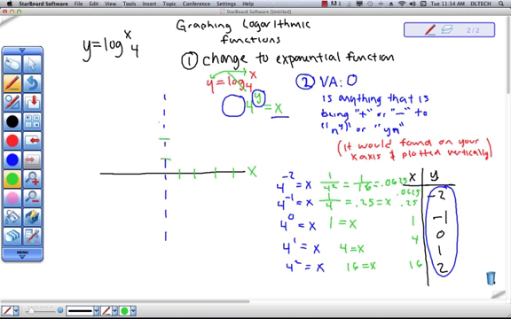Okay, we're going to go to our x-axis, go to 0.0625, and go -2. Next one would be 0.25, and go -1.